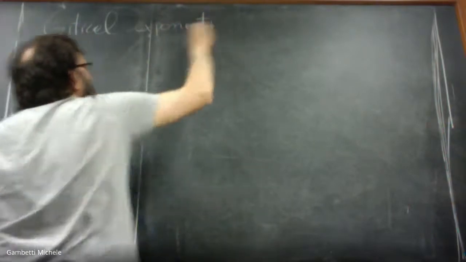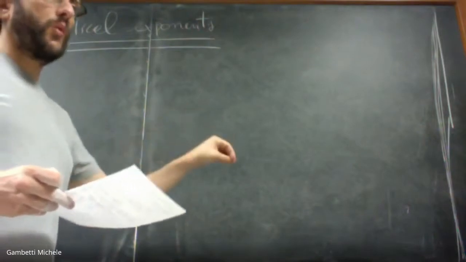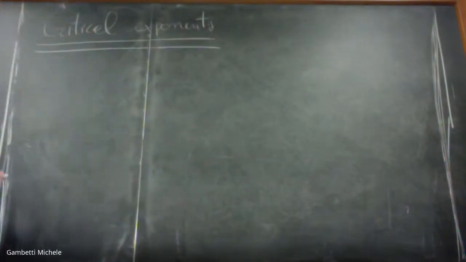What are these critical exponents? The critical exponents basically are the exponents that we see in the different quantities close to the critical point. Okay, so a first one is the following.